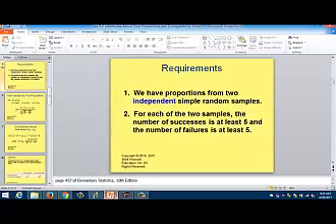Would you guys say that's true? Let me show you a situation where it might not be true. Suppose I have a room full of husbands and wives. I would argue that the probability of drinking coffee there is not independent anymore. If the husband drinks coffee, I would argue it may be more likely the wife drinks coffee.